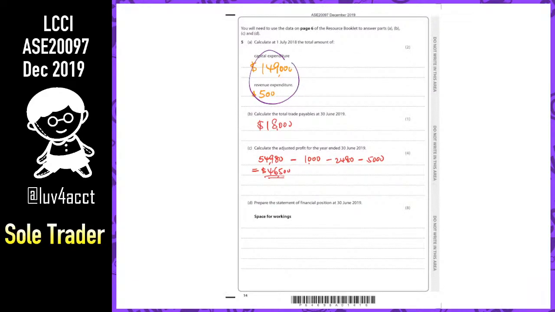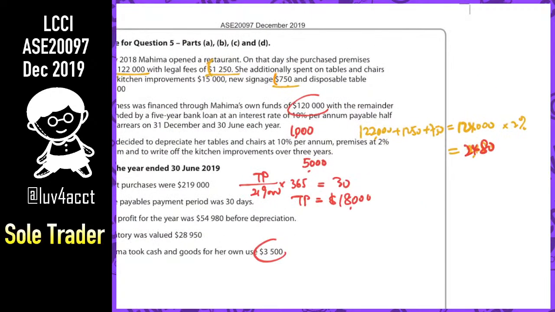If you still remember, the total added together, we have spent 149,500. That is the total amount that we spent as our initial purchase of non-current assets, and then we financed it with our own fund.